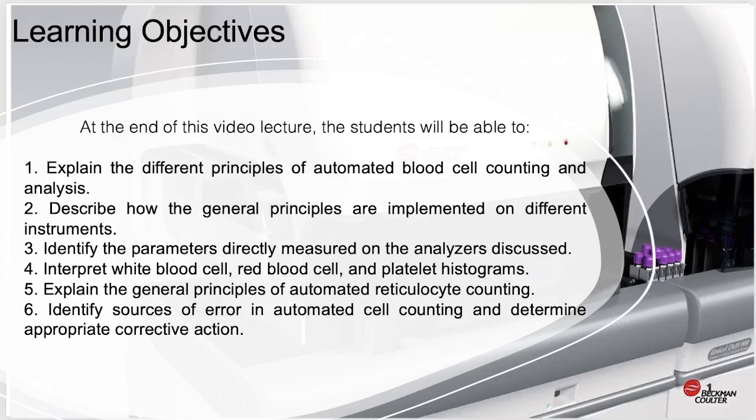Then interpret your white blood cell, red blood cell, and platelet histograms, and explain the general principles of your automated reticulocyte counting. And lastly, the most important part is to identify the different sources of error in automated cell counting and determine the appropriate corrective action.